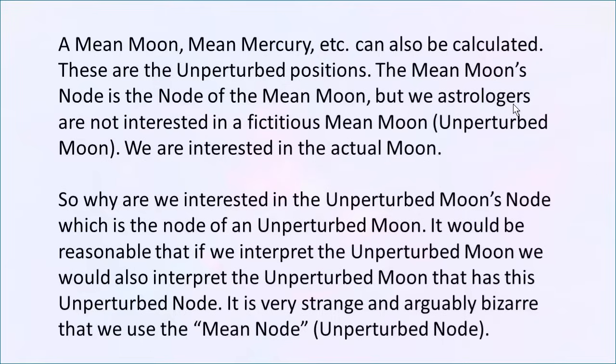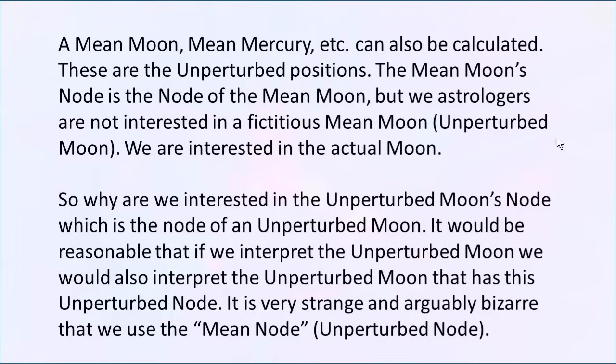So, I have here at the bottom, it is strange and arguably bizarre that we use the unperturbed moon's node, but not the unperturbed moon, because the unperturbed node is what determines the position of the unperturbed moon. They go together. You use the basic node position that's observed using Kepler, and then apply Kepler's laws.